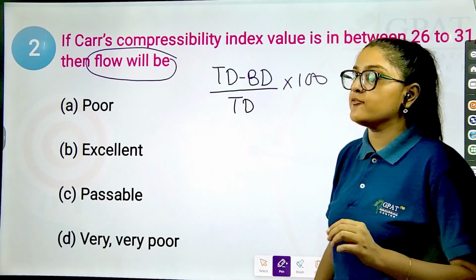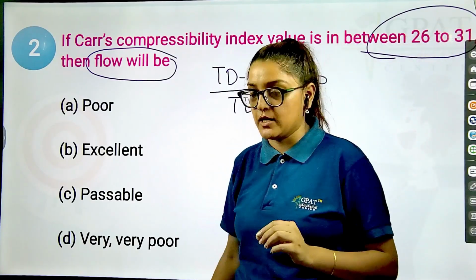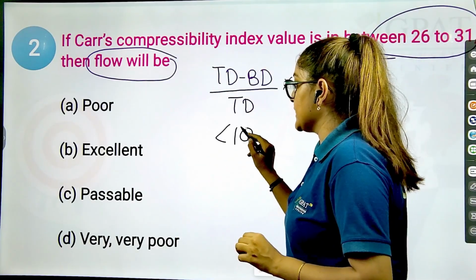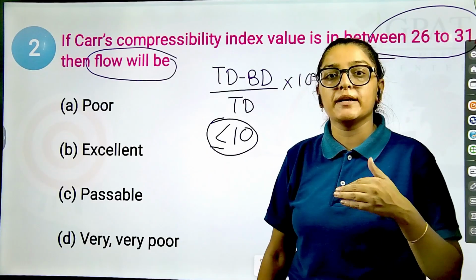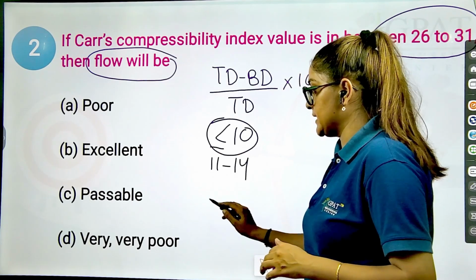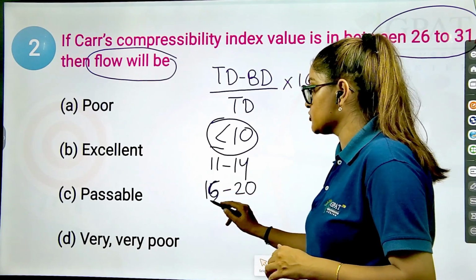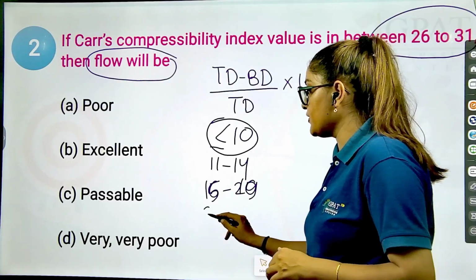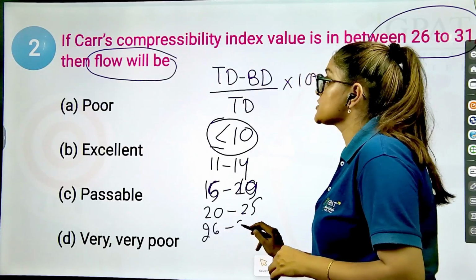Here we have been given a range of 26 to 31. You must remember that less than or equal to 10 means the flow is excellent. Then we have 11 to 14, then 16 to 20 or 15 to 19, then 20 to 25, then 26 to 31.